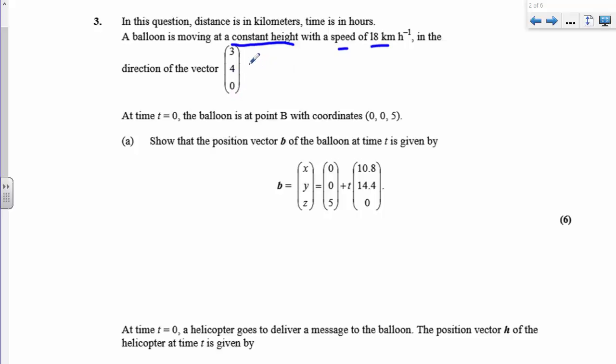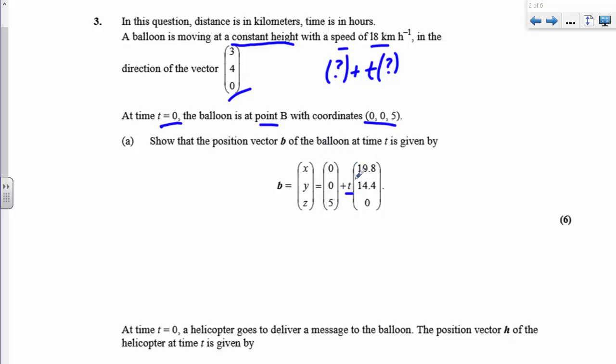Okay, so usually we have a starting point of some sort. Some starting point vector, and then we're going to add time times some sort of directional vector, which is actually right here. They're giving me this directional vector. It tells me at time 0, though, the balloon is at point B and has its coordinates. And then they say, show this vector B of the balloon is given by this. The position of vector B right here.